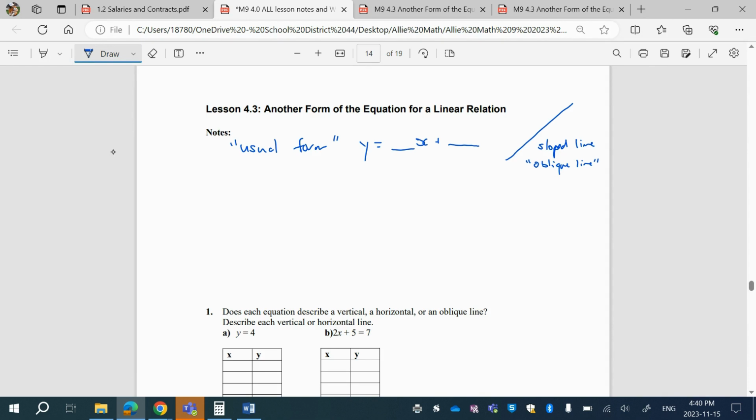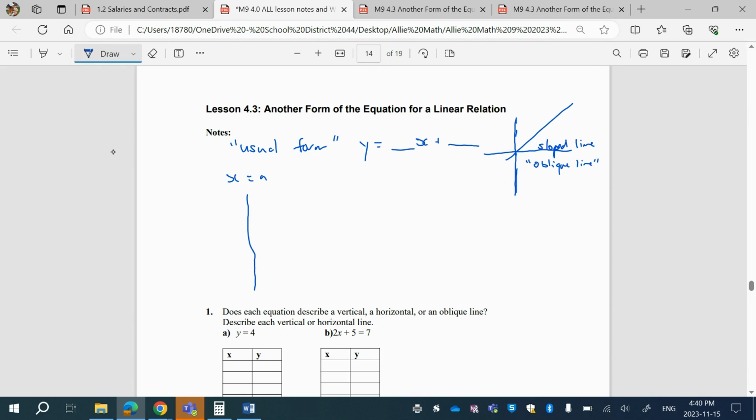So, if this is our x-axis and our y-axis, we've been seeing sloped lines. Another form that we might see is when we just have a value for x. So say we have x equals a.